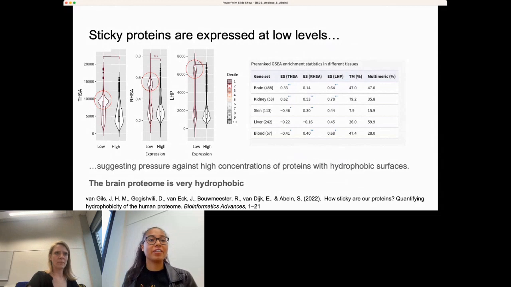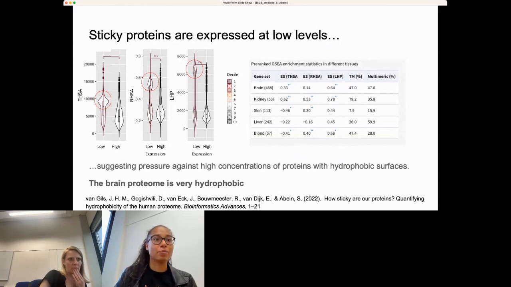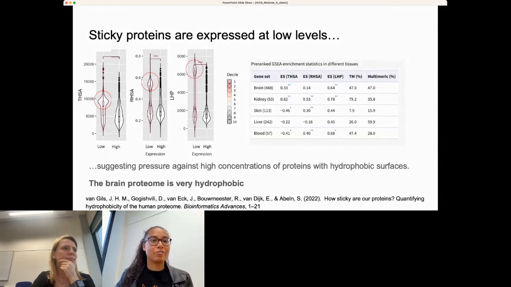For every protein we can look into the Human Protein Atlas and see how much it is expressed in the human body. In the figures on the left, for each of the 3 measures, you see 2 violin plots: one contains the 10% of proteins in the human proteome with the lowest expression, and the one on the right contains the 10% of proteins with the highest expression values.